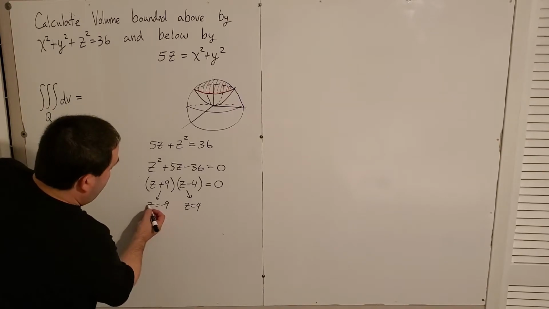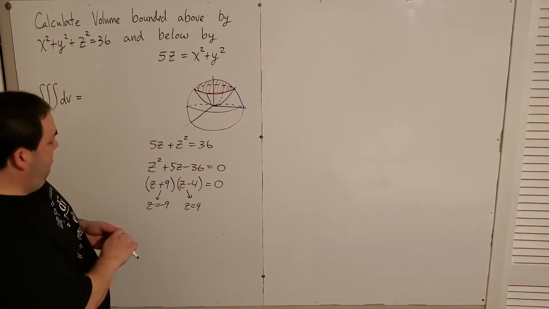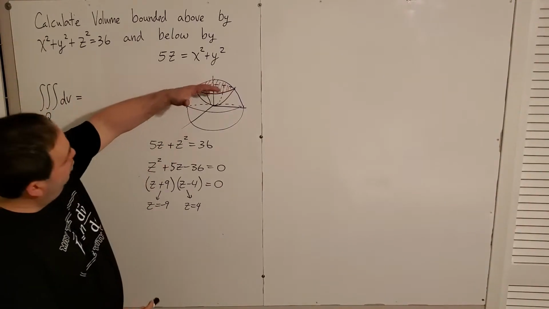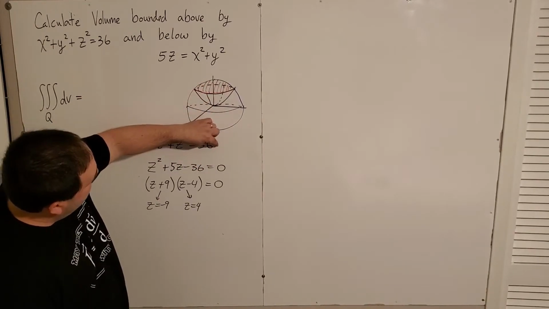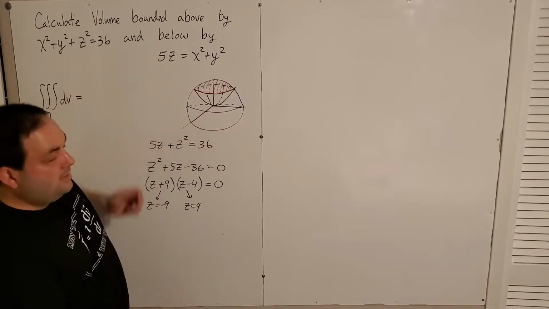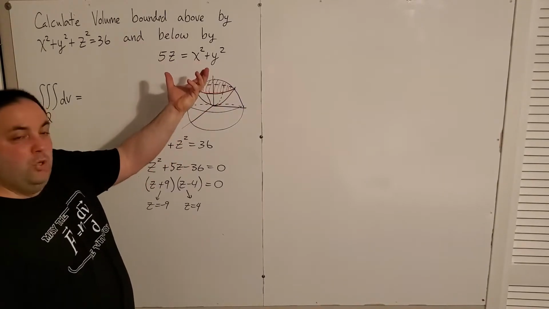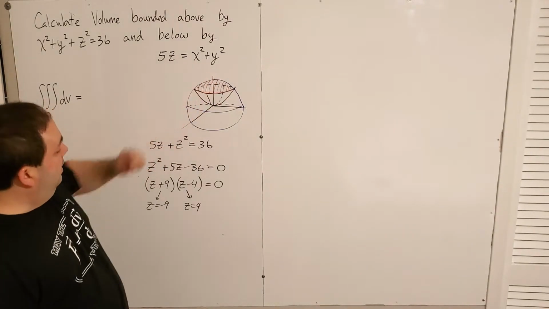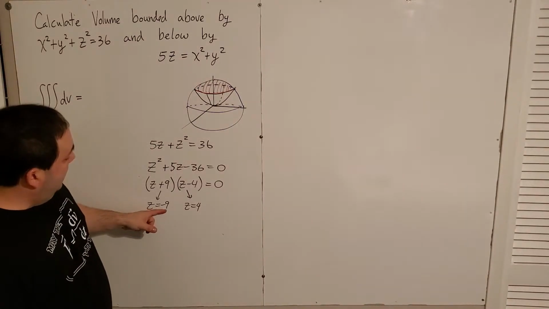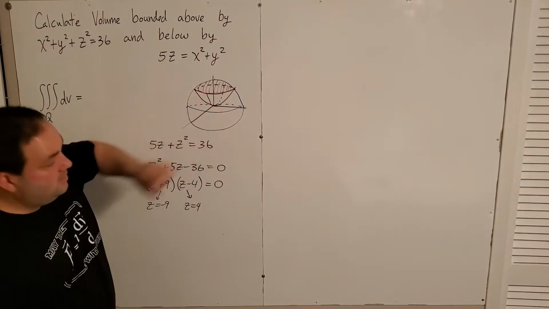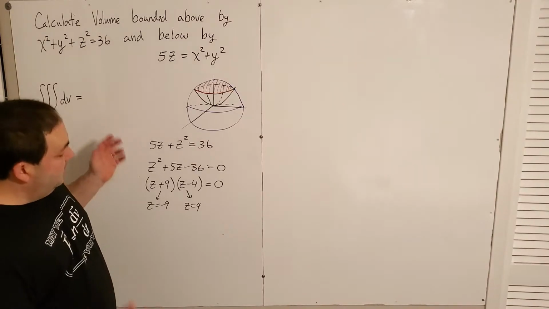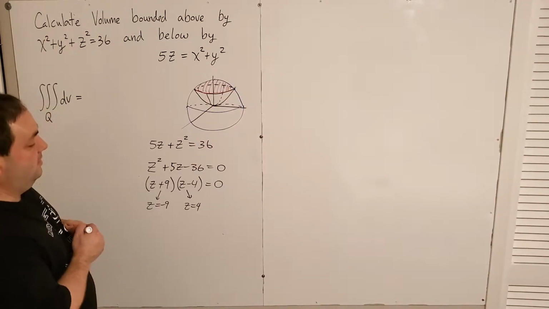Now, z equals -9 means somewhere beneath, z would have to be somewhere down here. Well, that doesn't make sense in either sense, because for one, the paraboloid's facing upward. Also, z equals -9 is beyond the radius of the lower part of the sphere. So either way, that answer doesn't make sense.